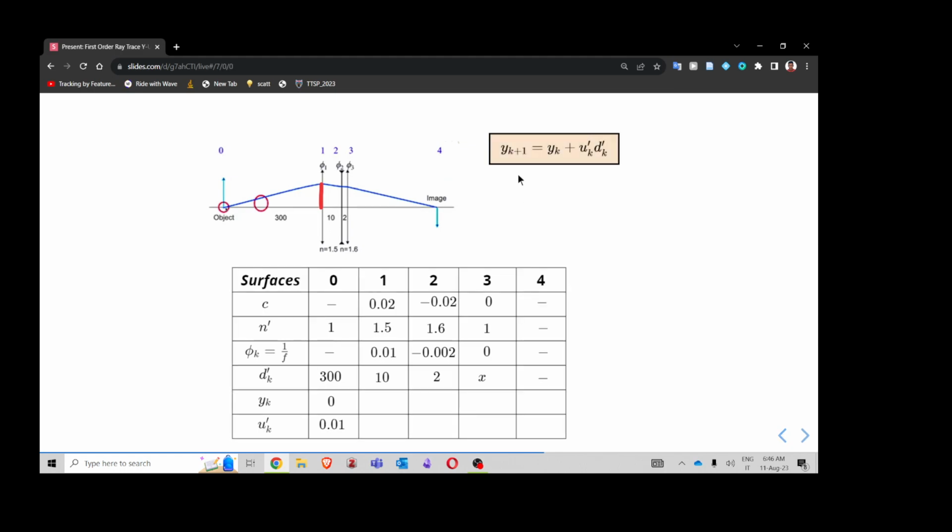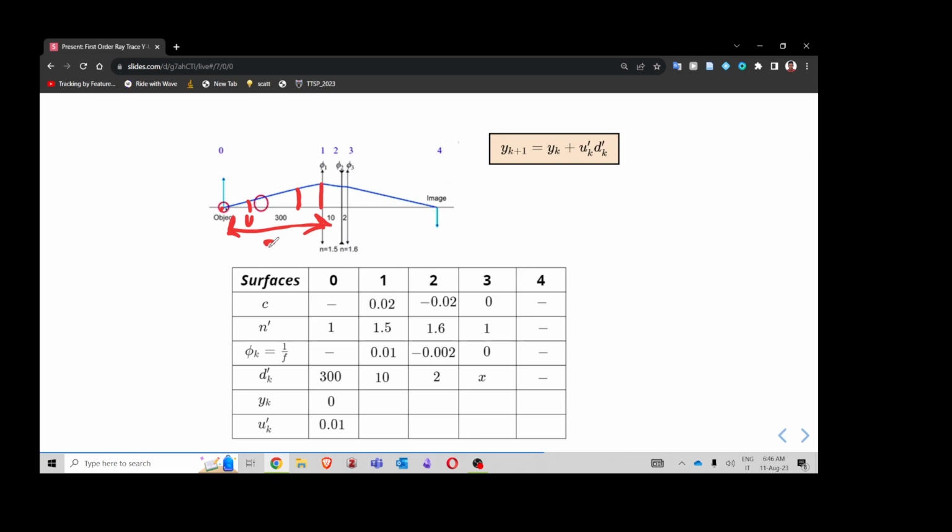This is a very basic trigonometry formula. It tells us that the height at the next surface is equal to the height at the previous surface, the starting point, plus the extra distance. In a paraxial ray, the extra distance is the angle u multiplied by the distance d.